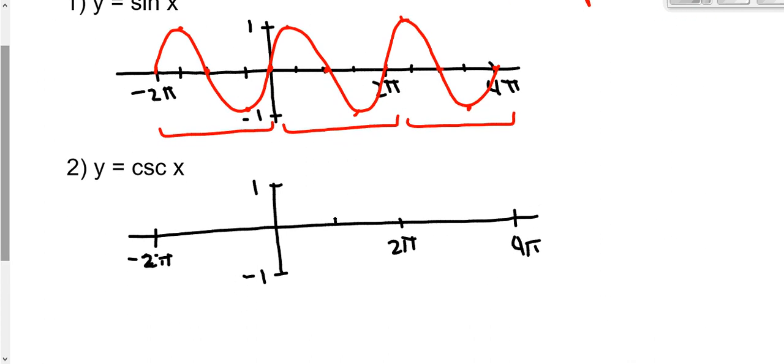Then break each of those regions into 4 equal chunks. Remember that everywhere the sine graph was at a height of 0, the cosecant graph has a vertical asymptote. So you can put those vertical asymptotes in place everywhere the sine graph was at a height of 0. They are pi units apart.